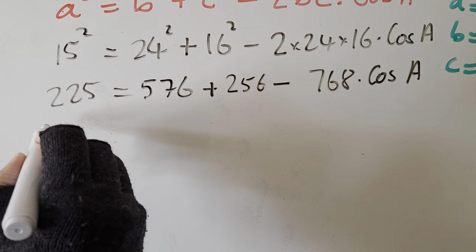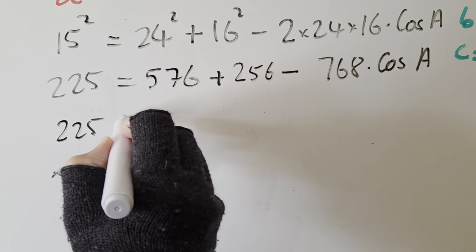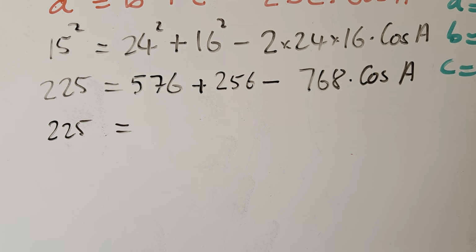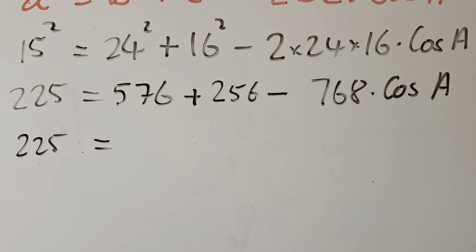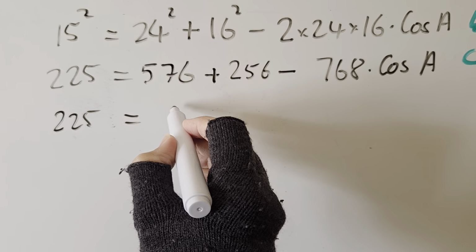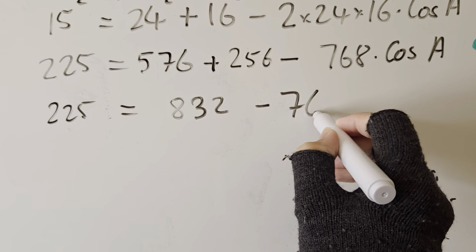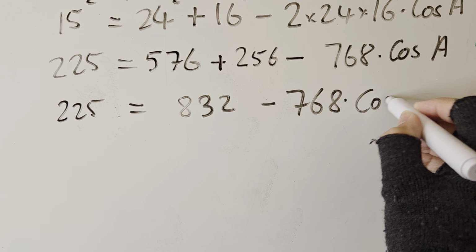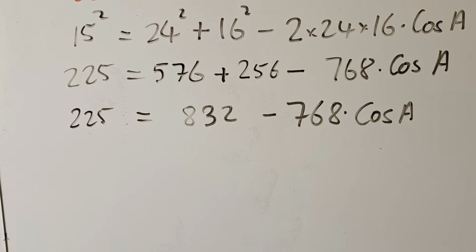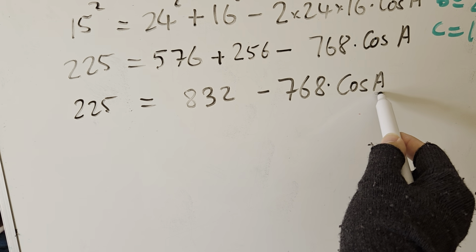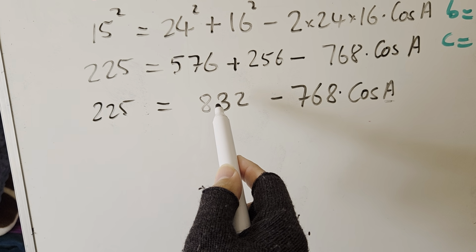Now the next step, 225 will be equal to, let's add these two, 576 plus 256. Those two add up to 832 minus 768 times the cosine of A. We are finding the value of A, so let's isolate the other numbers.